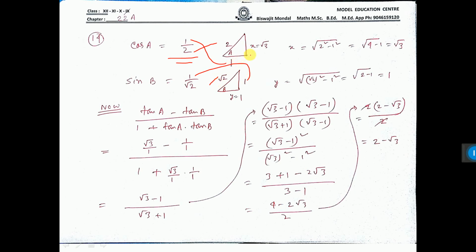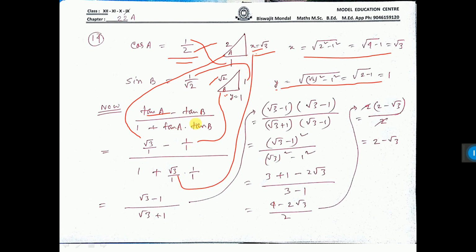So here you calculate x from the Pythagoras theorem, and here y you consider as base, so y you get from the Pythagoras theorem. Then tan A from this triangle, perpendicular by base, root 3 by 1. Tan B from this triangle, perpendicular by base, that is 1 by 1. Similarly tan A from that triangle and tan B from this triangle.